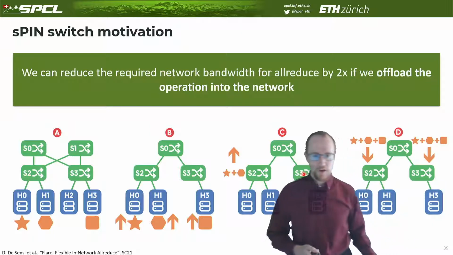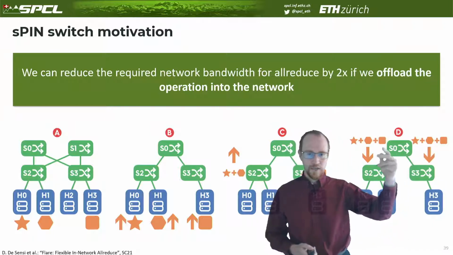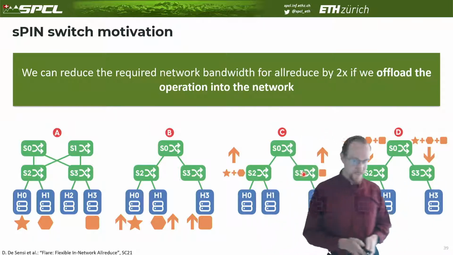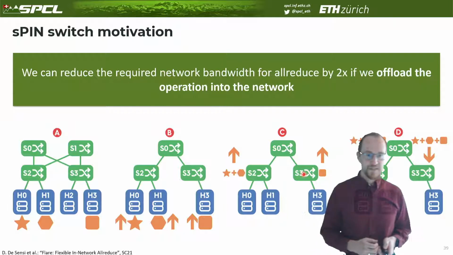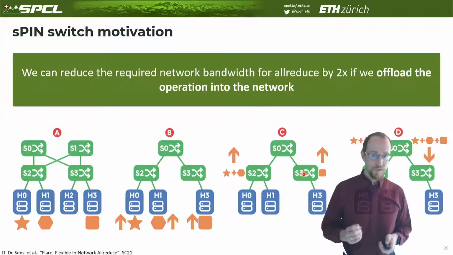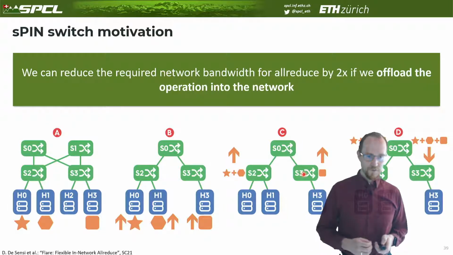And then once it has all been summed up at the top of the tree, it just sends the result back. So the upshot is that I can save about 50% of the network bandwidth by performing this in-network reduction, as opposed to an endpoint-based reduction. So in-network reduction is crucial to gain a 50%, or 2x, network bandwidth gain.